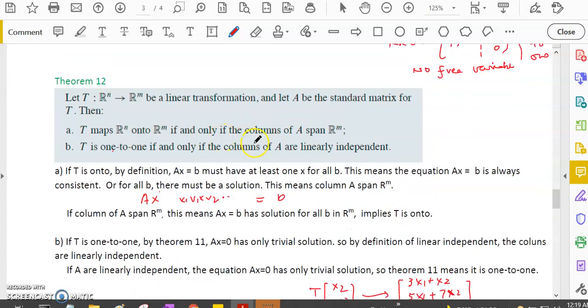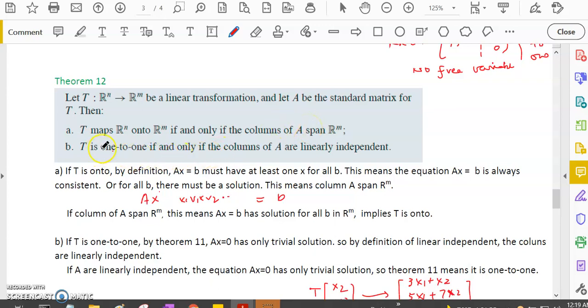The last theorem we have: if we have a linear transformation and a matrix, we know the transformation is onto if the columns actually span R^m. That means you do not have any free rows, so every row has a pivot position.